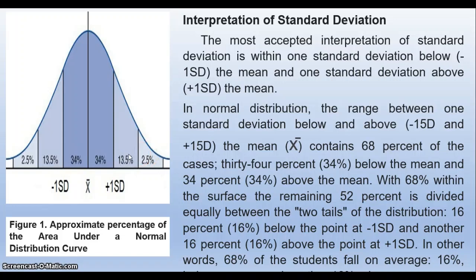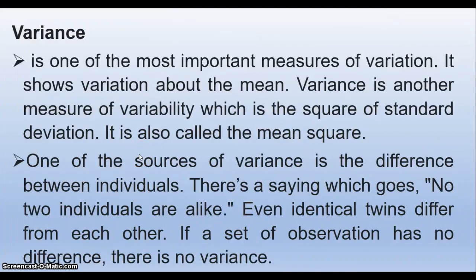In other words, 68% of the students fall on the average. Most of the students are here, 16% below average here, and 16% above average. So that is all about the standard deviation.